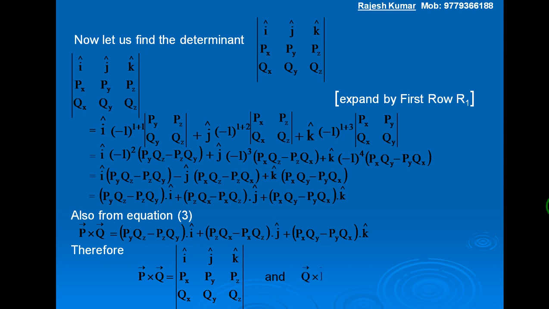Similarly, q vector cross p vector is equal to the determinant with first row always i cap, j cap, k cap, second row the components of the first vector Qx, Qy, Qz, and third row the components of the second vector Px, Py, Pz. So by this method, we can find the cross product of any two vectors. And we can also prove using this that p vector cross q vector is equal to minus q vector cross p vector. So thank you very much.